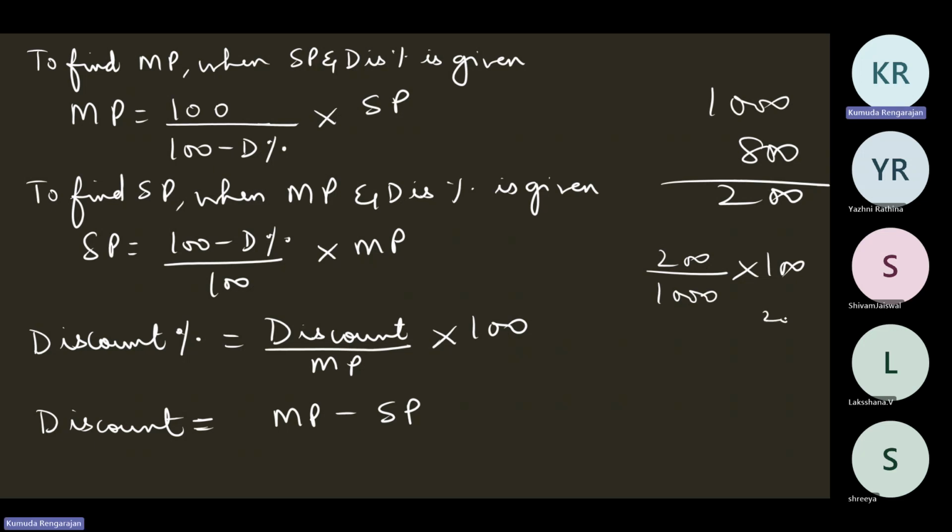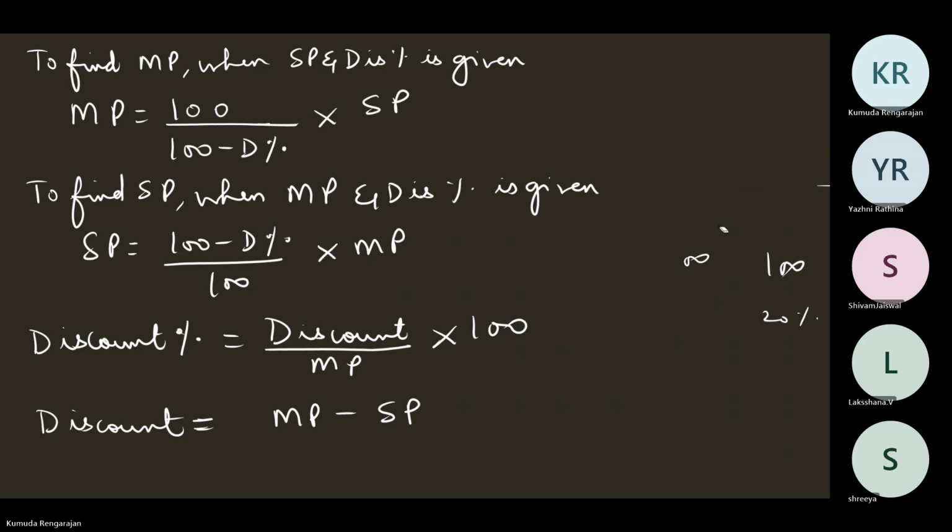So when you work this, you'll get 20%. When you're finding MP, put 100 in the numerator. If you're finding SP, put it in the denominator. And if it is MP here, obviously it is into SP here. If it is SP here, it should be into MP here.